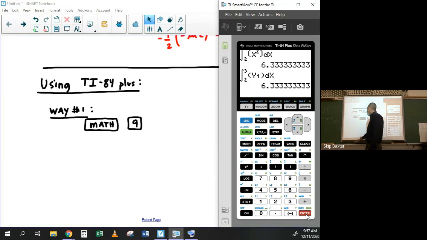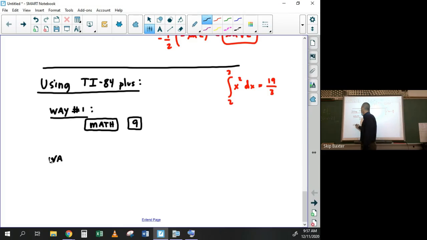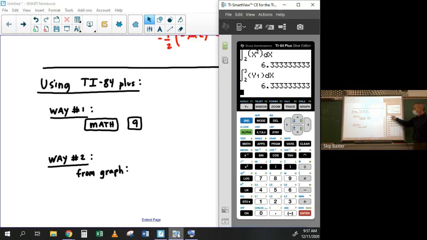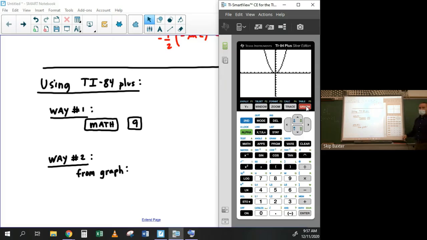The second way to do it is from the graph of the function. Way number 2 is from the graph. If I wanted to graph this function, it's super easy. I just type it in and then press graph, x squared.